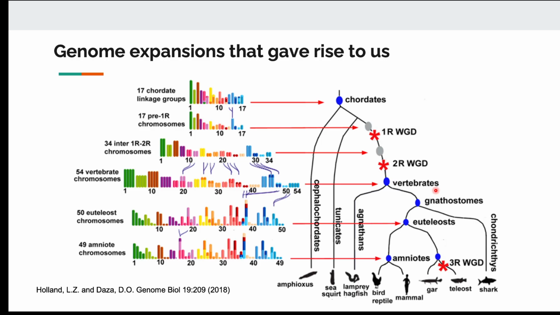And they deduce that there were 2 points in time that the genomes duplicated, from 17 to 34, and from 34 to close to 60. But today, we lost some of those chromosomes, so we are back to about 23.